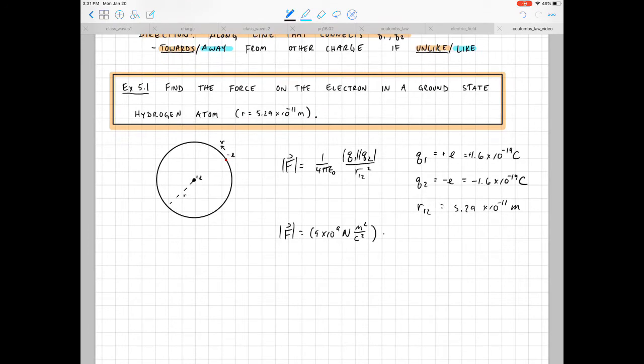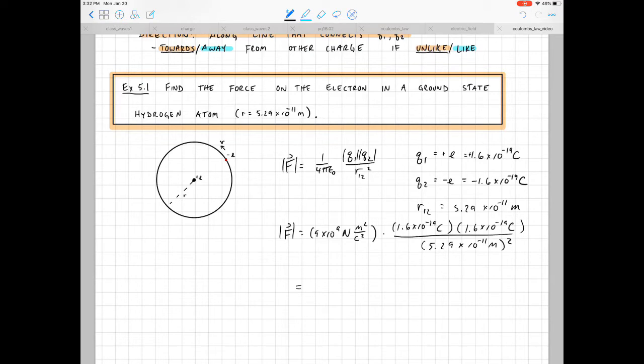Then we're going to multiply by 1.6 times 10 to the negative 19 coulombs, 1.6 times 10 to the negative 19 coulombs, and then we're going to divide by 5.29 times 10 to the negative 11 meters, and we've got to remember to square that.